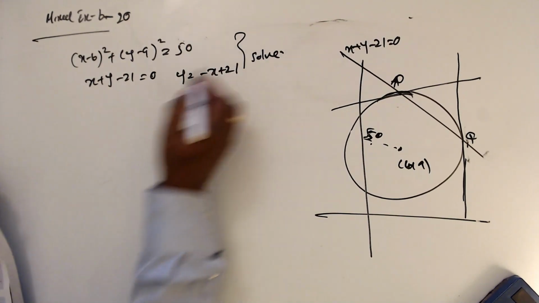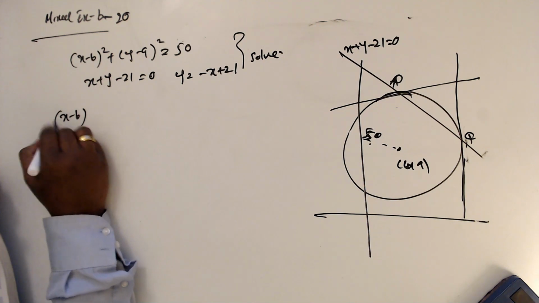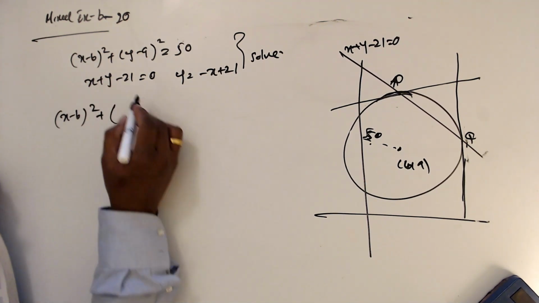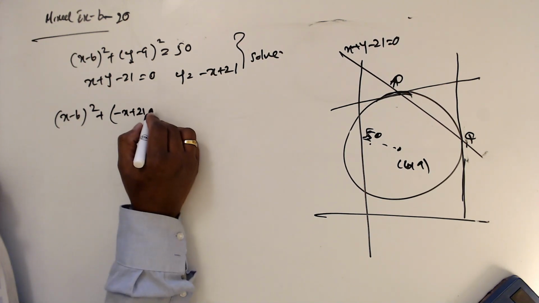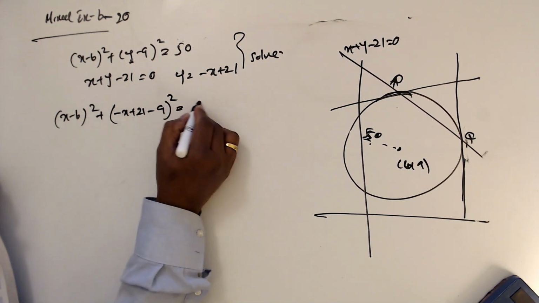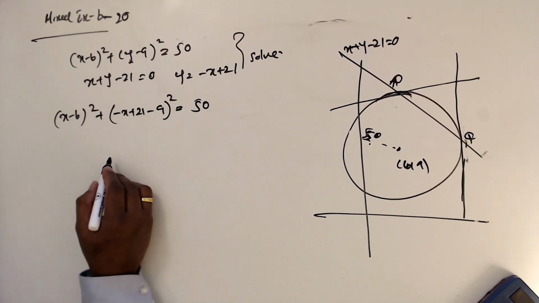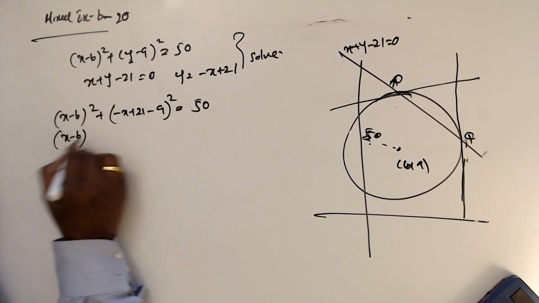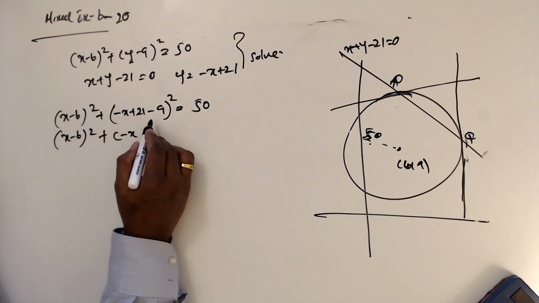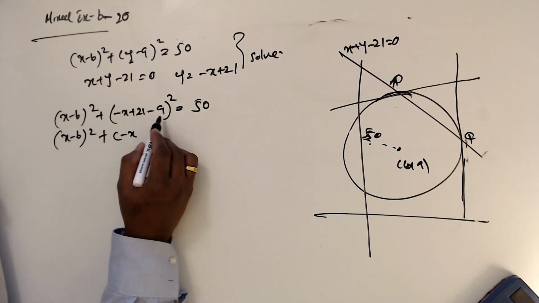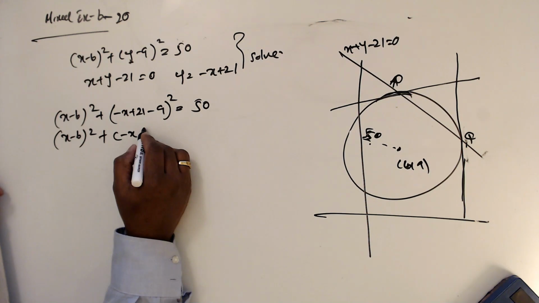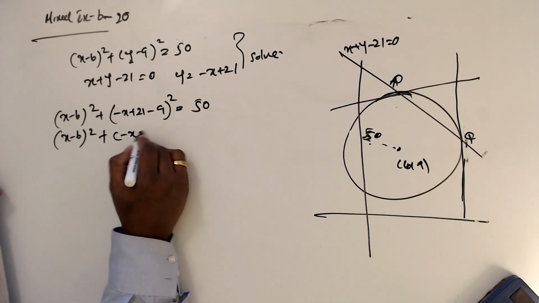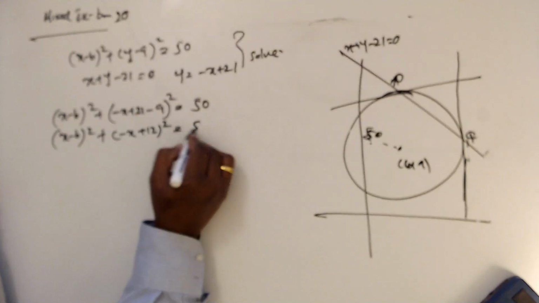I'm going to solve (x minus 6) squared plus (y minus 9) squared equals 50, where y means minus x plus 21. So (x minus 6) squared plus (minus x plus 21 minus 9, which is 12) squared equals 50.